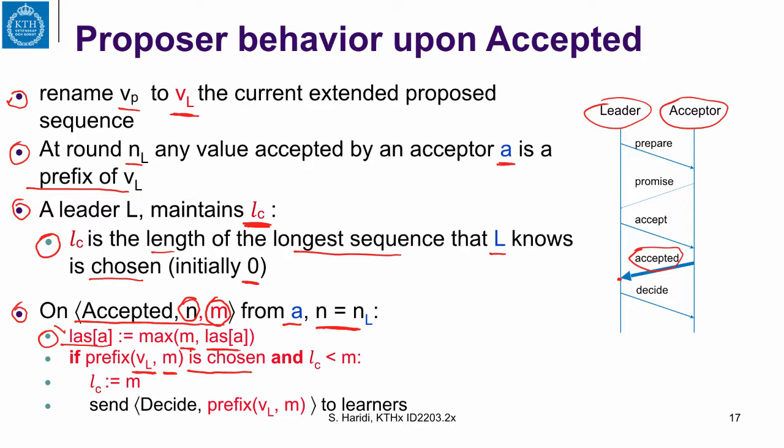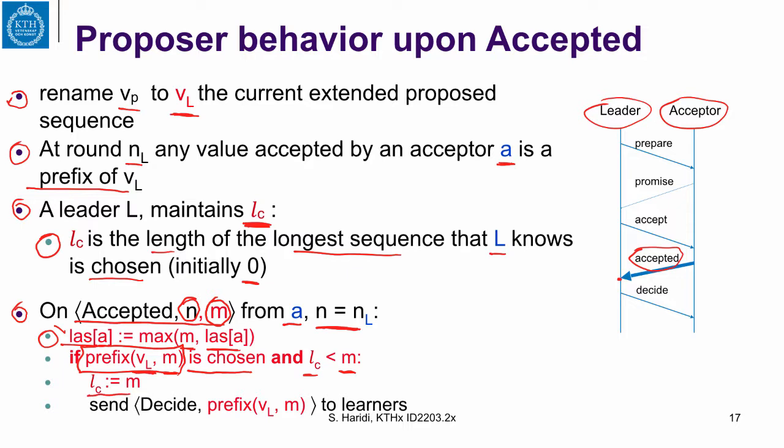If that is true, it means there is a majority of acceptors that accepted this sequence. And in fact, if LC is smaller than M, it means that we have now discovered a longer sequence that is chosen.